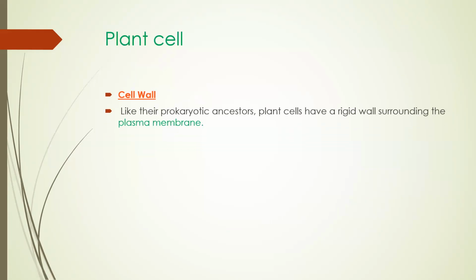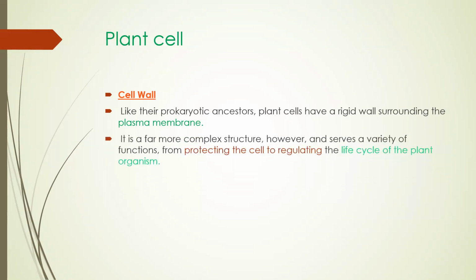Next, like their prokaryotic ancestors, plant cells have a rigid wall surrounding the plasma membrane. Already I showed the plasma membrane. It is a far more complex structure, however, and serves a variety of functions from protecting the cell to regulating the life cycle of the plant organism.